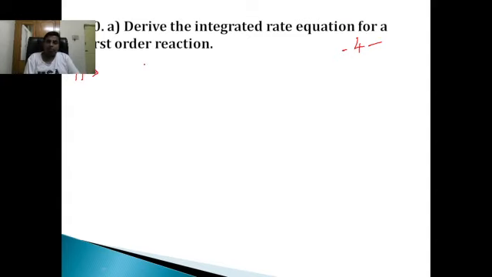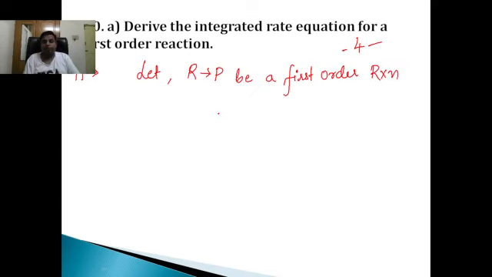Okay, please follow the steps. Let R gives rise to P, that means reactants to products, be a first order reaction. We know the differential rate law can be given as minus d by dt of concentration of R, and we know how to write the rate equation for first order.